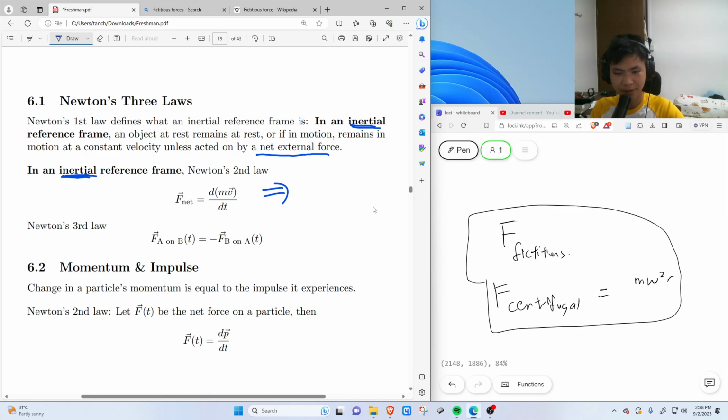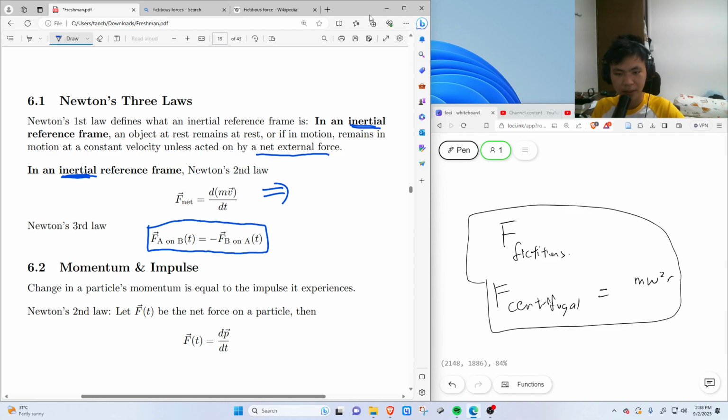So Newton's third law is simple. It's just talking about the interaction between two bodies, whether the two bodies are interacting via gravitational force, electrostatic force, or contact force. And every action has an equal and opposite reaction. It's a common saying about it.